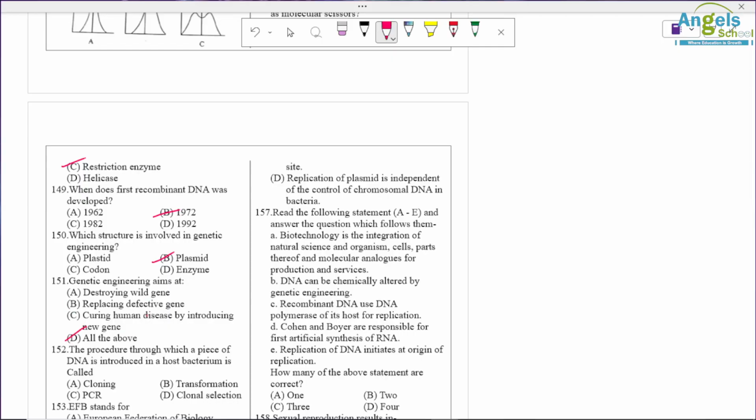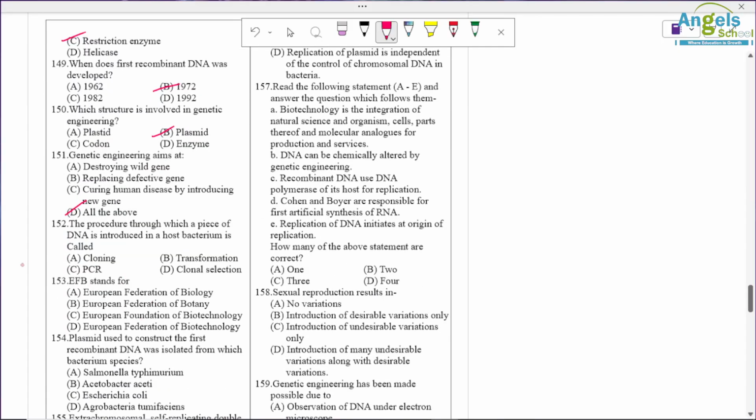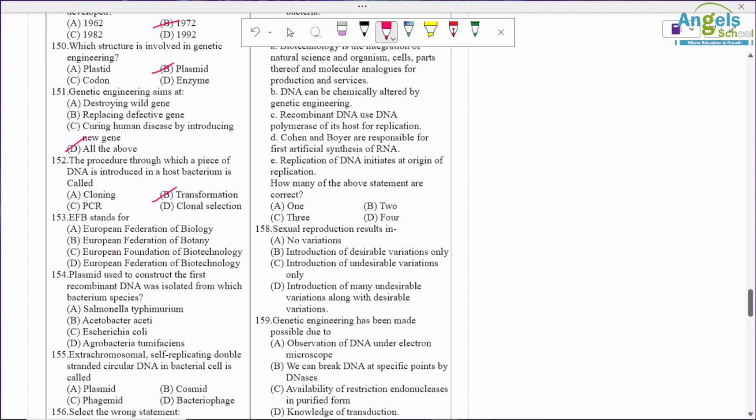So all of the above. The procedure through which a piece of the DNA is introduced in a host bacterium is known as transformation.